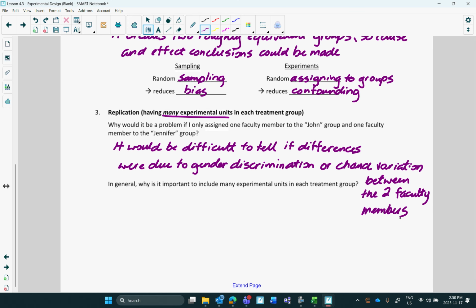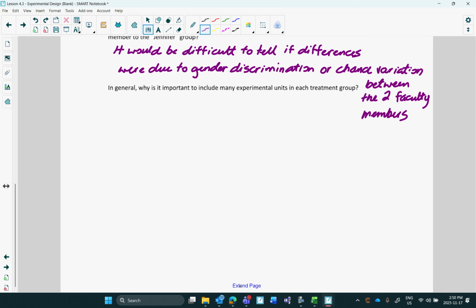And this leads to the answer to this second question. Why is it important to include many experimental units in each treatment group?